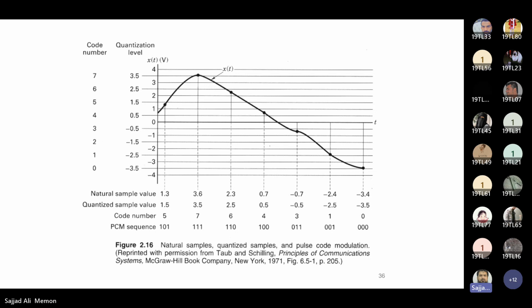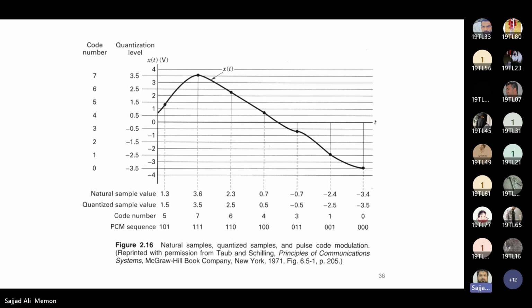So see, we have now 8 samples. That means 2 power 3. So every sample can be represented by 3 bits. The value of the actual sample is 1.3, but 1.3 voltage is not available. That level is not there. So the actual level is 1.5.